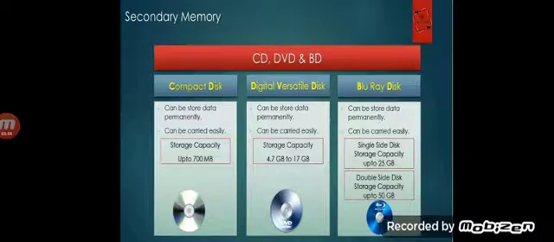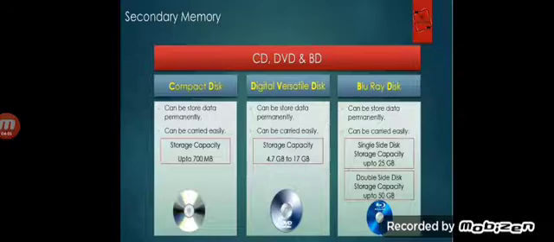Let us see the next one, that is CD. You all must have seen CDs, right? CD is called compact disc. The CD, DVD and BD, that is Blu-ray disc, all these are called secondary memory. This stores your information, it stores your data. Now we have some minor differences between all these things.